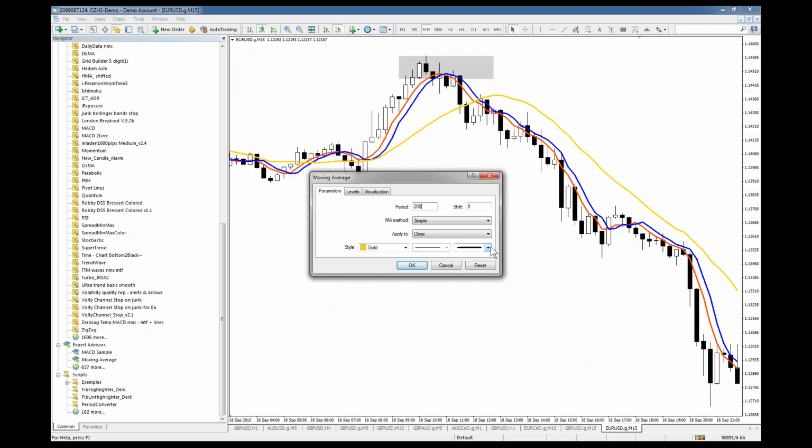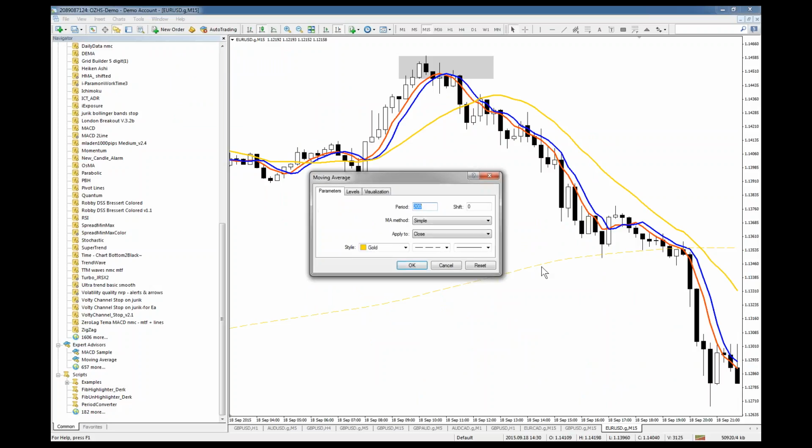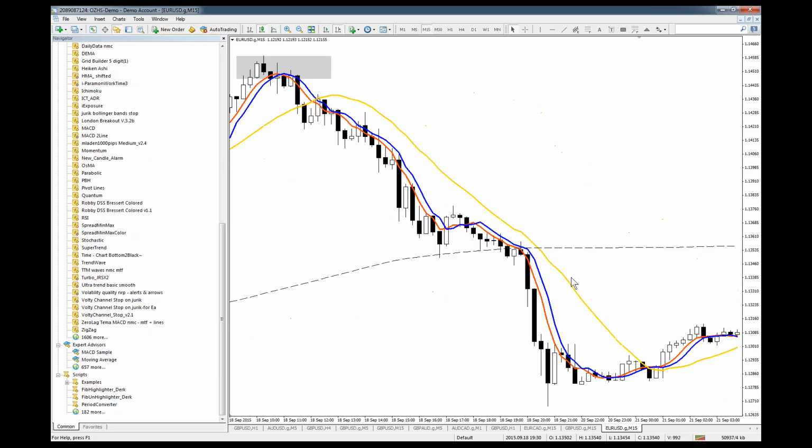I decided to put the 200 on for the longer term trend. I can't do the math, but I know the 200 probably represents like a 20 moving average on a 4-hour chart or something like that. I just don't do that math in my brain that quickly. But you get the idea. For all intents and purposes, that's what my 200 would be.